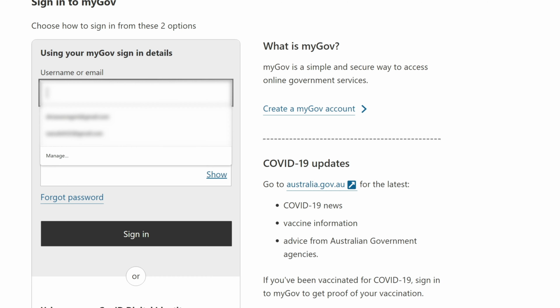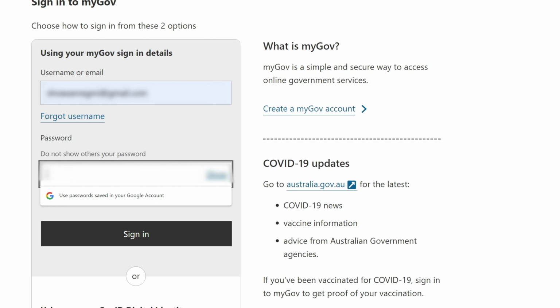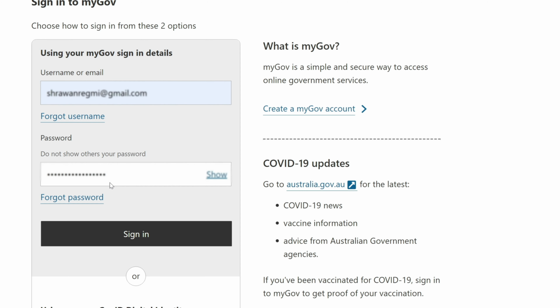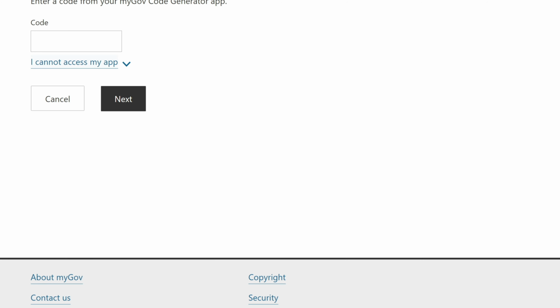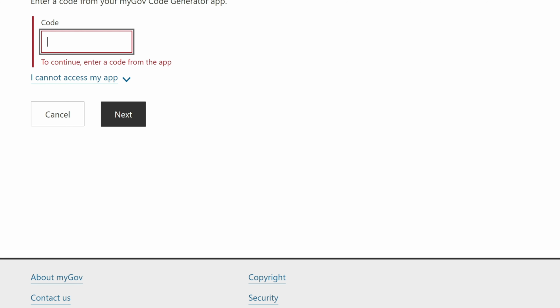You need to sign into your MyGov account first. When you sign in, it will ask you to enter your code, so you need to check the code on your mobile MyGov code generator app.